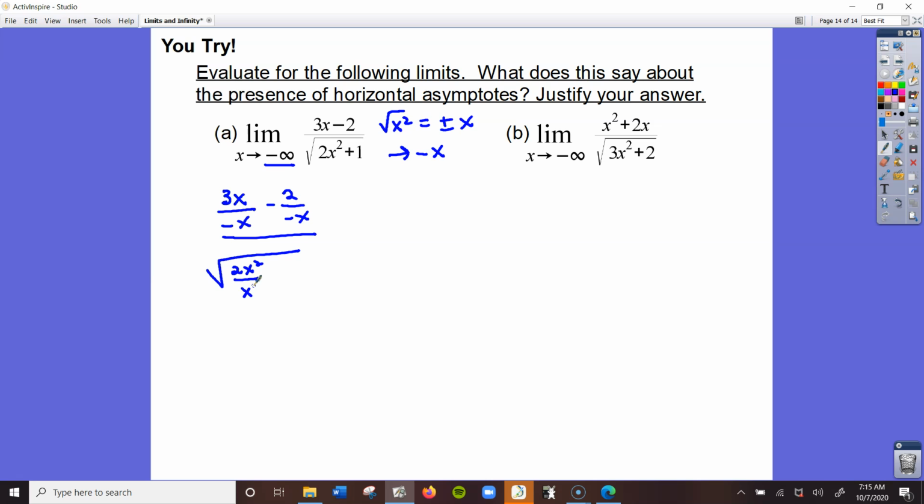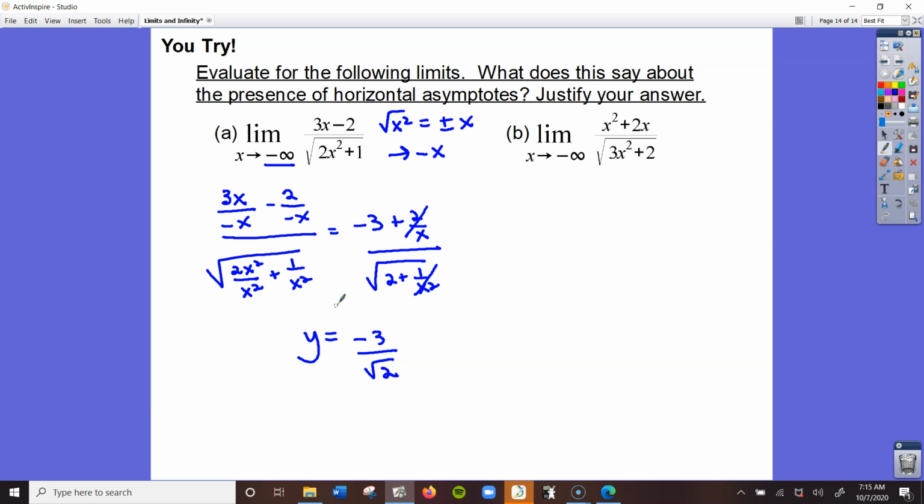And remember this, we keep the x squared plus 1 over x squared. So now when I simplify, this will give me negative 3 plus 2 over x all over the square root of 2 plus 1 over x squared. Anything divided by infinity will be 0. So here my limit will be negative 3 over the square root of 2. So this would be my horizontal asymptote.